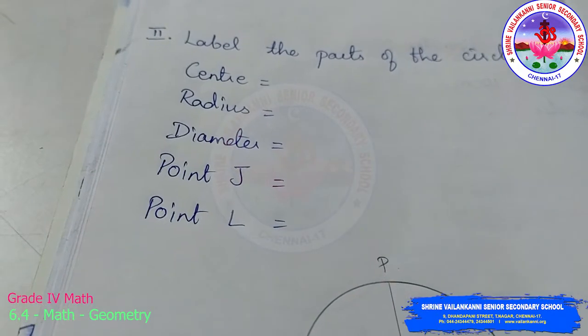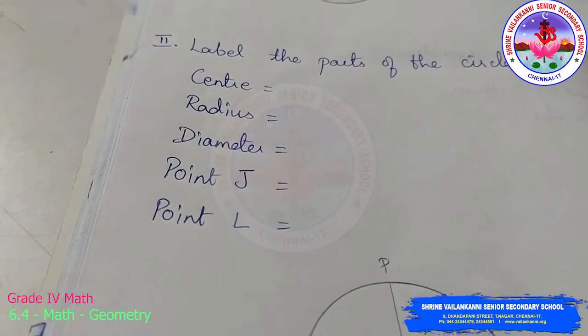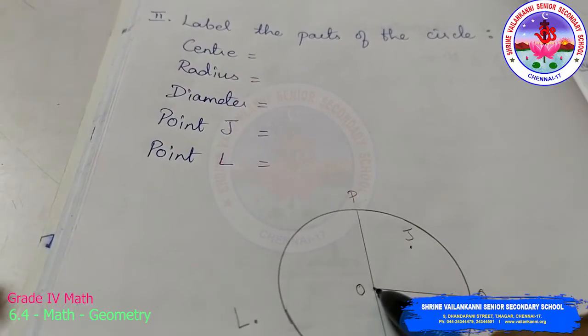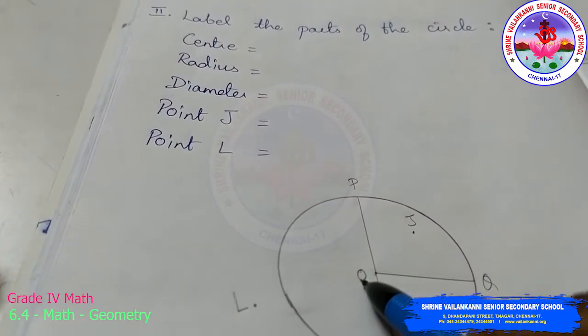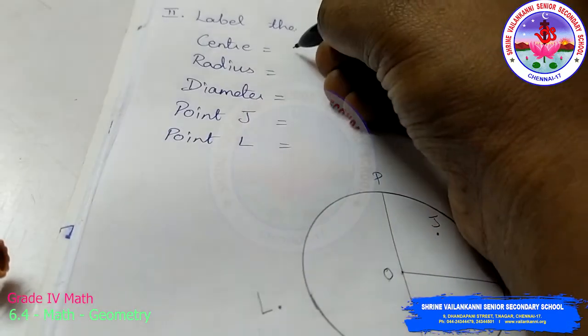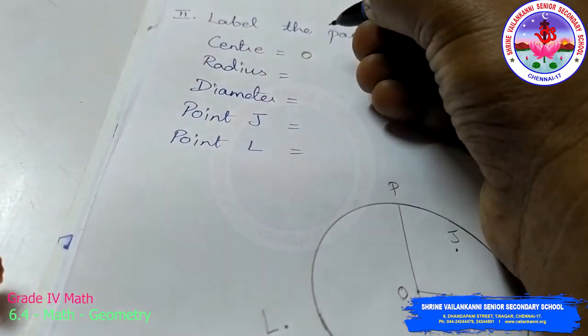I told you the center point will be in the middle of the circle. So this point O is the center point.